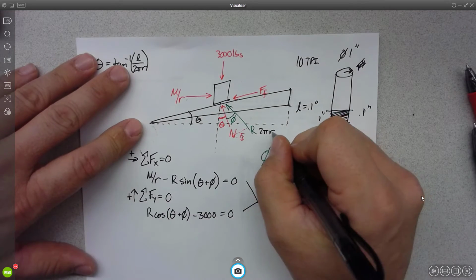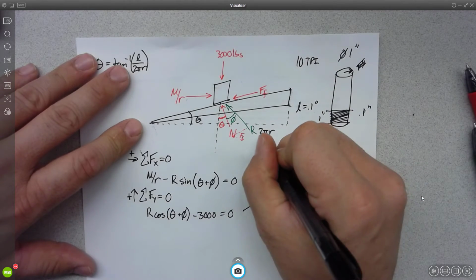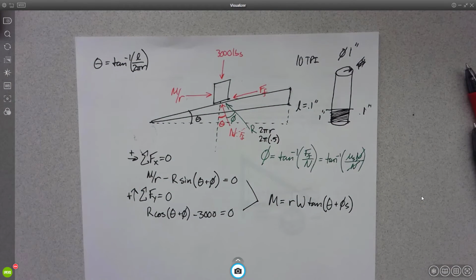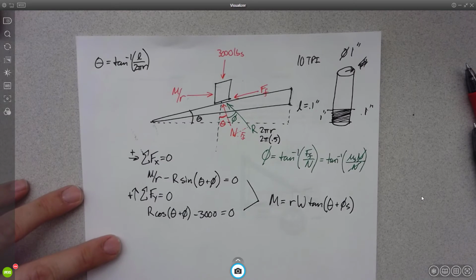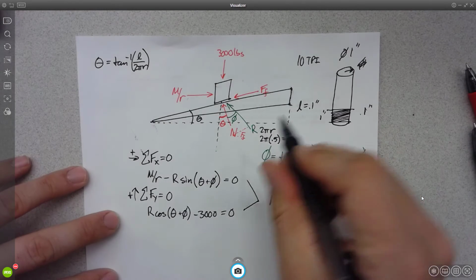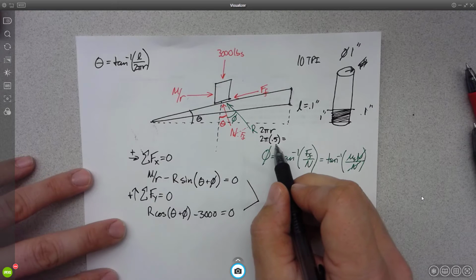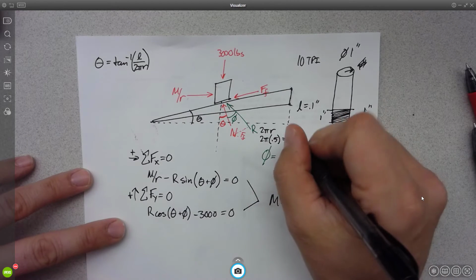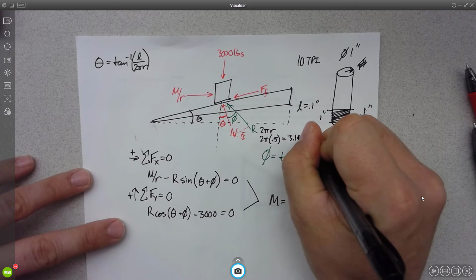The length of the ramp is going to be 2 pi times 0.5. Okay? So 2 pi is 6.28. Well, it's just pi then, I guess. 2 times a half is 1, so it's just pi. So it's 3.14 inches.